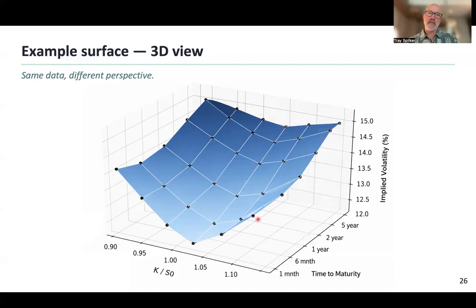For near dated options, the skew becomes more steep. You can see here, like in the valley, it's a bit steeper than these longer dated options out here. And of course, it's downward sloping. And I actually have an interactive on this slide, so maybe I can. It's harder for me to pull it off.